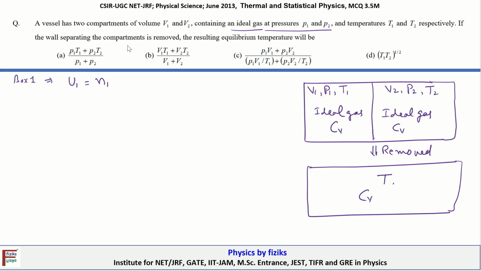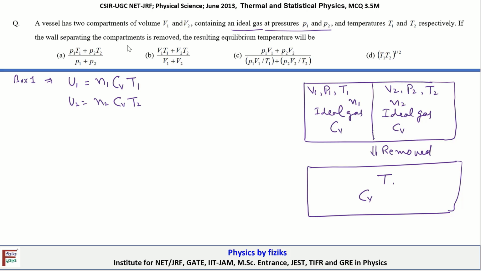Let's say we have n1 moles here and n2 moles here. So U1 is equal to n1 Cv and then the corresponding temperature at which these gas molecules are there. Similarly for box 2, U2 is equal to n2 Cv T2.